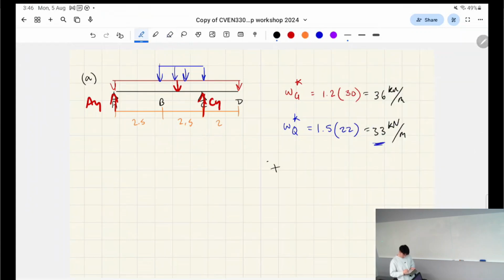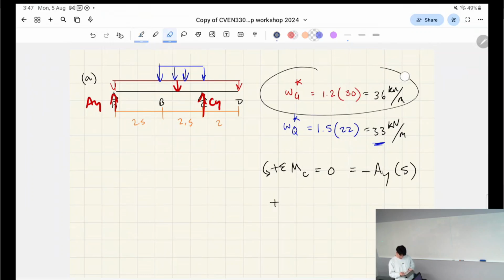So let's do that again. Let's take the sum of the moments, right? Sorry, one sec. Let's go over. Take the sum of the moments at C, again, find that it's going to be negative A, this is going to be the same, so it's 5 meters away, but now, let's do the dead load first. The dead load is not going to change, it's just going to be 36, and it's going to be 1.5 meters away, right?